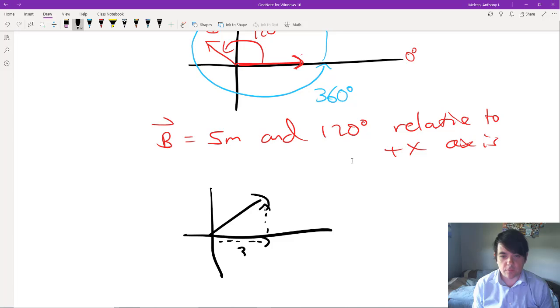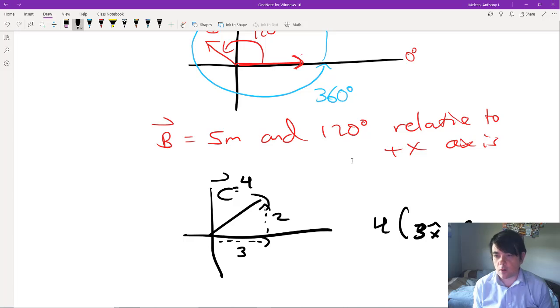So maybe this is 3 and 2, and this is vector C, and maybe C is like 4 units in length, and you could say 4, and then off to the side say 3x plus 2y, or 4, and 3i plus 2j.